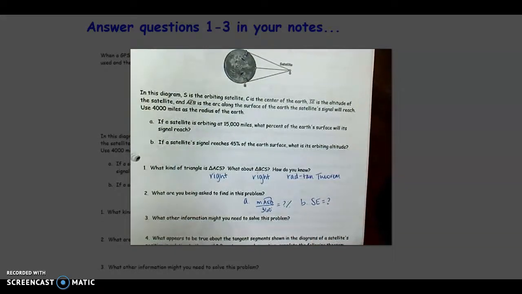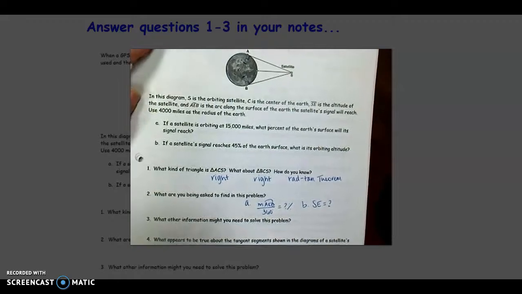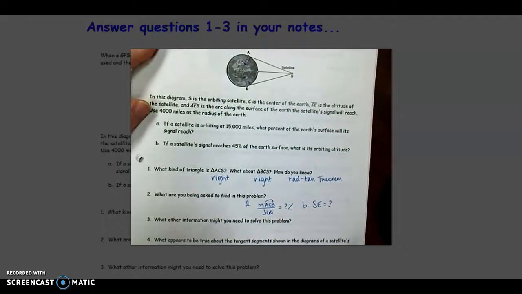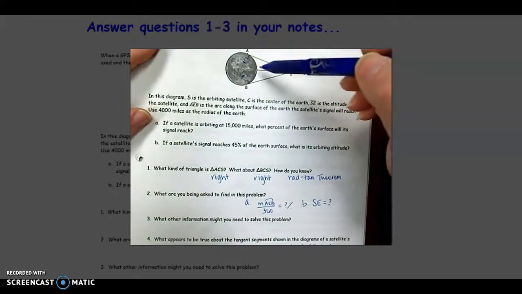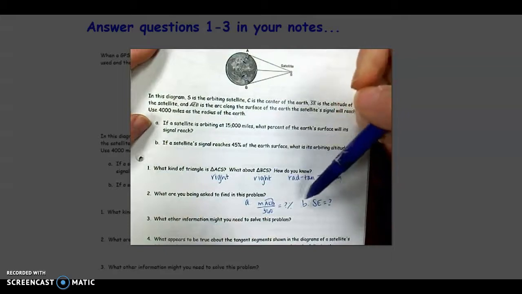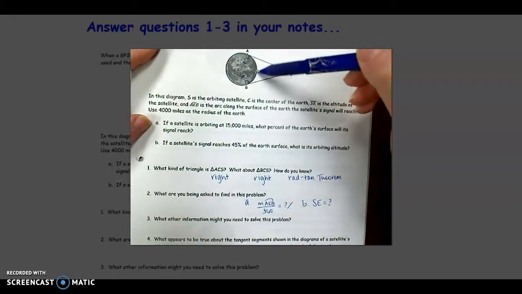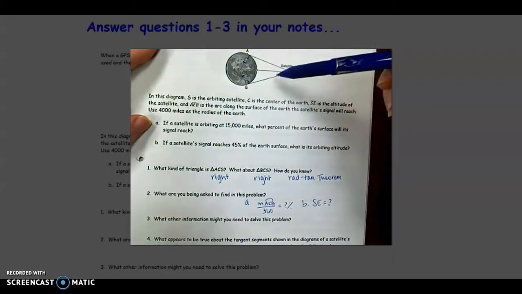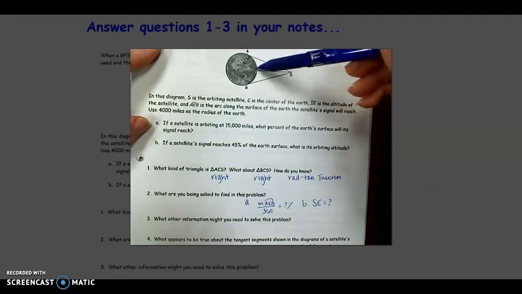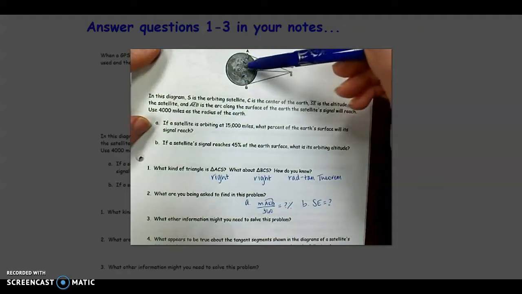Number 3 says, what other information might you need to solve this problem? Well, if we are going to find the measure of arc AEB, it would be helpful to know the measure of each one of these arcs, which would mean I need to know these angles.